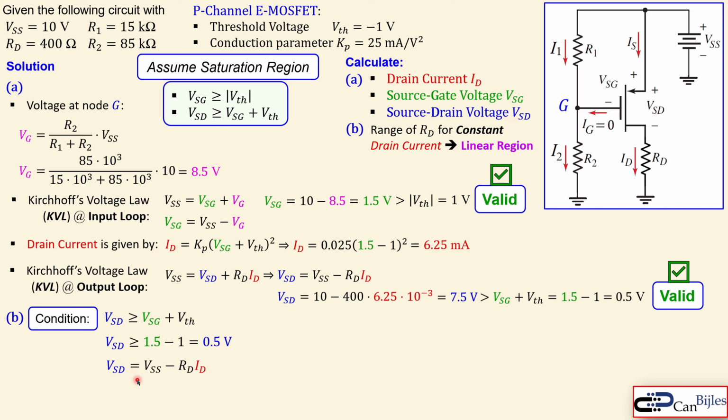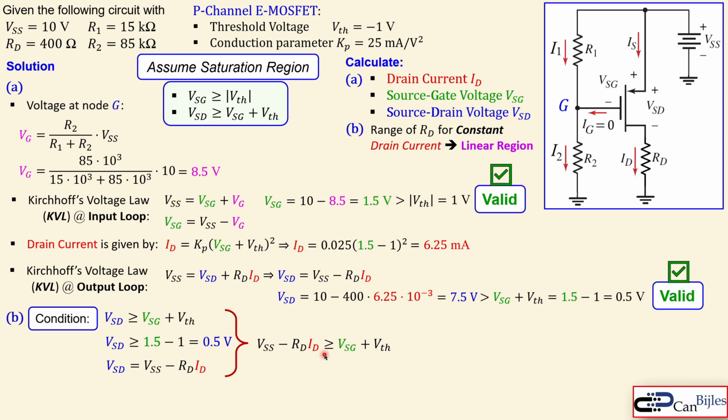We can also express the VSD using the same formula we have used for this, as VSD is equal to VSS minus ID times RD. Now we can collect these two, and we have then the following expression, which will then produce the condition for the RD, because this VSD must be larger than this one, VSG plus V threshold, we can put it in here.